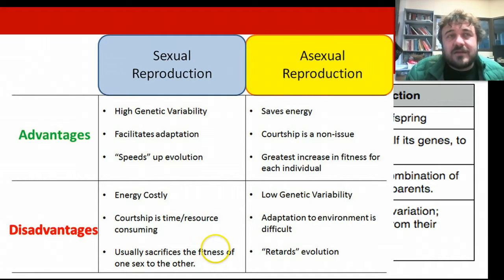Often in the animal kingdom, it's the female who is the largest and the strongest. Disadvantages for asexual: you get low genetic variability. Adaptation to the environment is difficult, so adaptation rarely happens, and it retards evolution, which means it slows it down.